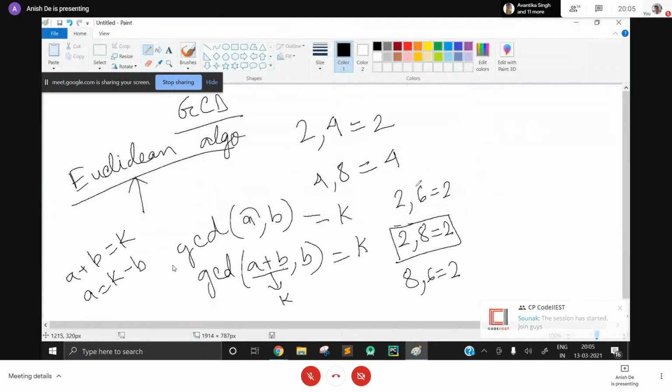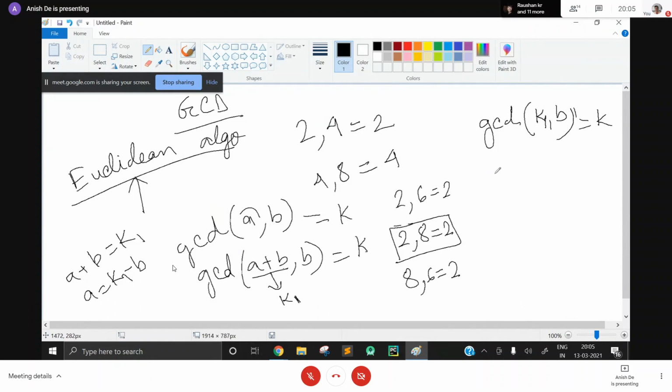It implies that if GCD of K1 comma B equals K, then GCD of K1 minus B comma B will also be equal to K.